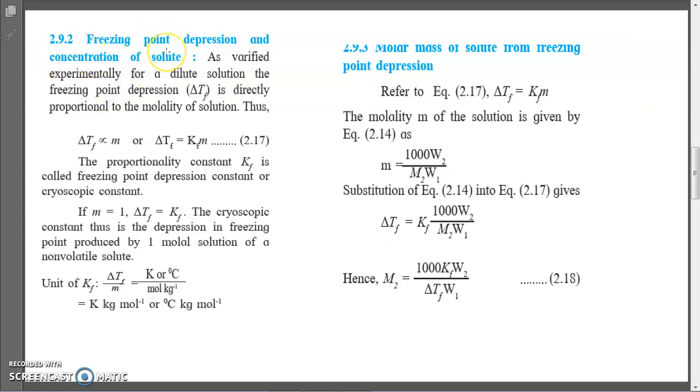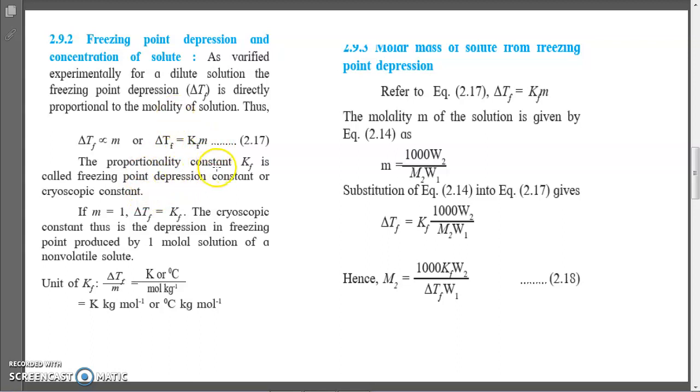Next point is the freezing point depression and concentration of the solute. We have a verified experiment for dilute solutions: the freezing point depression, delta Tf, is directly proportional to the molality of the solution. Removing the proportionality sign, we write delta Tf equals Kf times m.